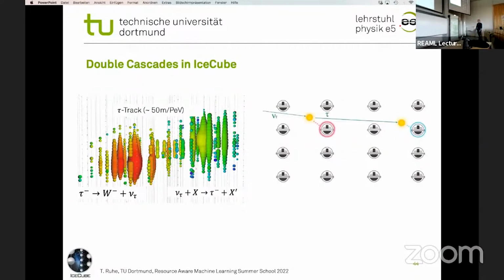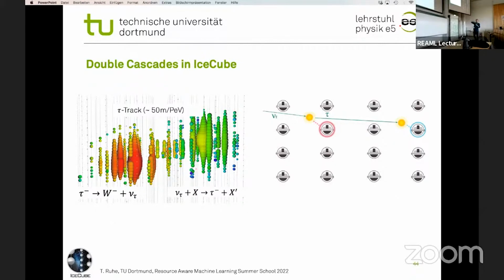Okay. The next thing I would like to talk about is double cascades in IceCube, the new tau injection, if you remember this. As I said, the tau track is very hard to see. This is not easy, not straightforward. That is because the tau needs a relatively large energy.